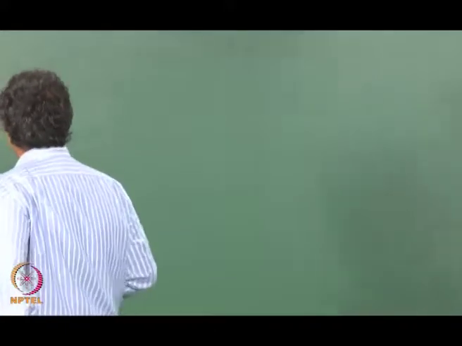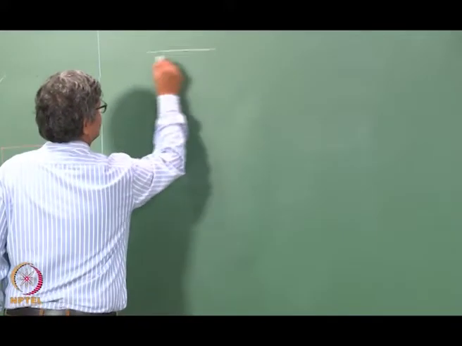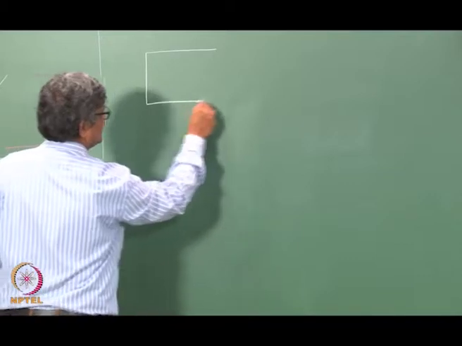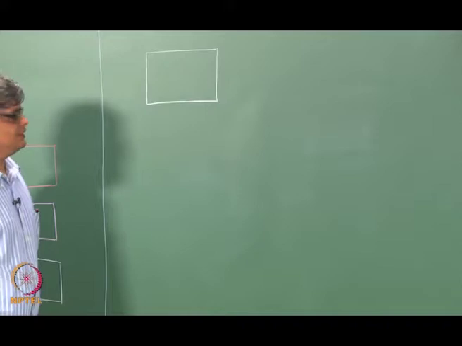Okay. So, in order to illustrate the CFD approach, we take the relatively simple case of fully developed laminar flow through a pipe or duct of rectangular cross section. In this case we can write down the flow problem like this. We have a duct of rectangular cross section like this.